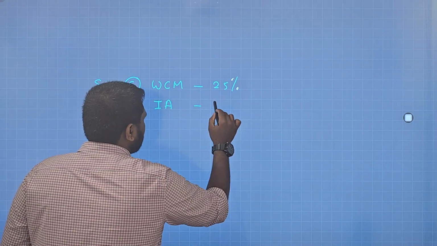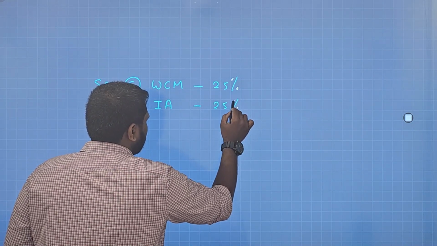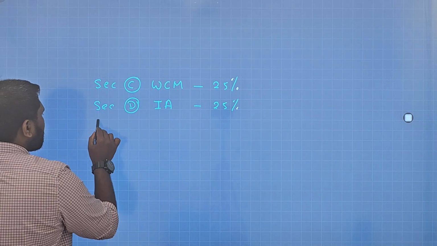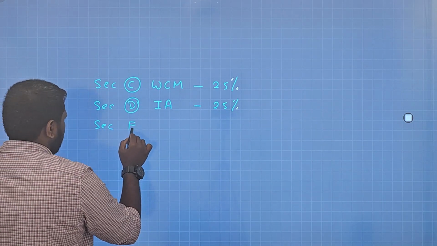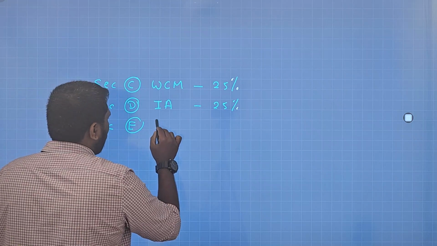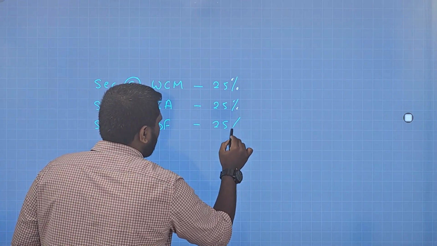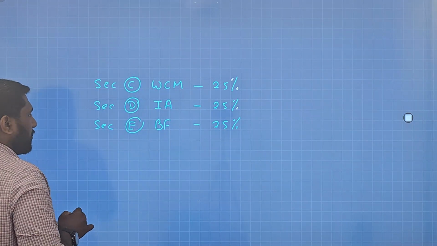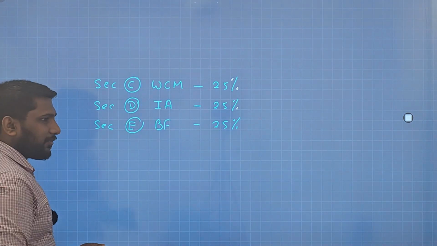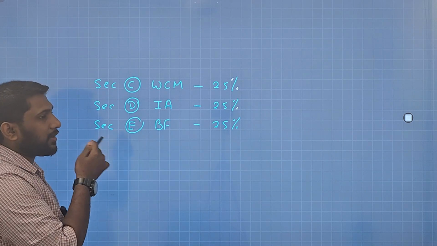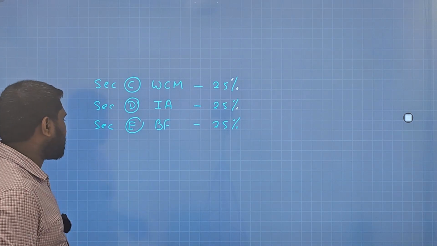For that particular section also, I would like to give 25%. Next one is Section E, which is business finance. For the business finance section also, I would like to give 25%. So these three sections itself, as per my view, will cover 75% of your syllabus.